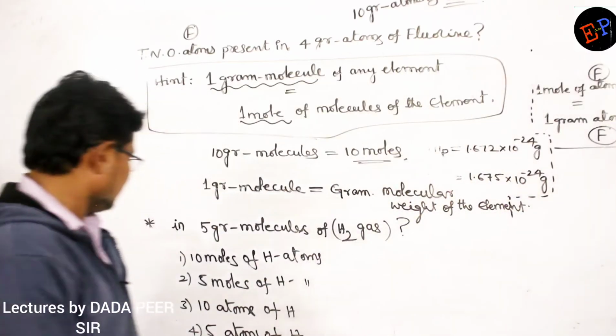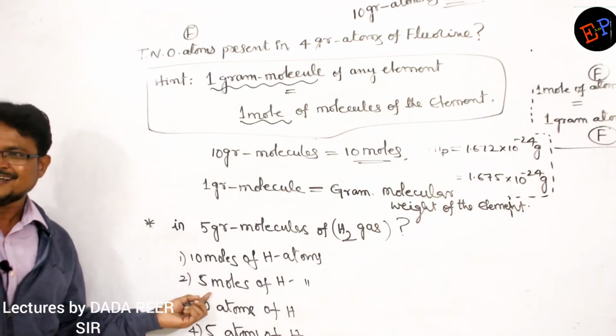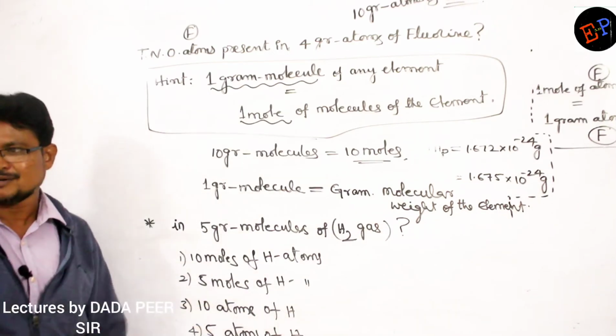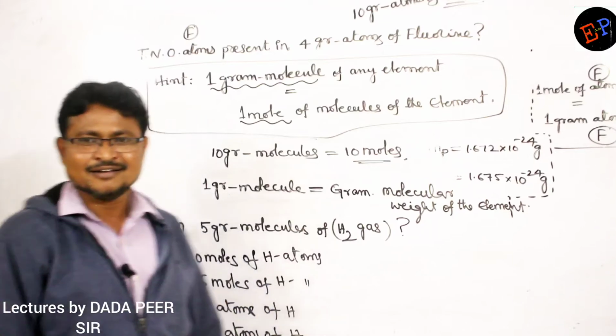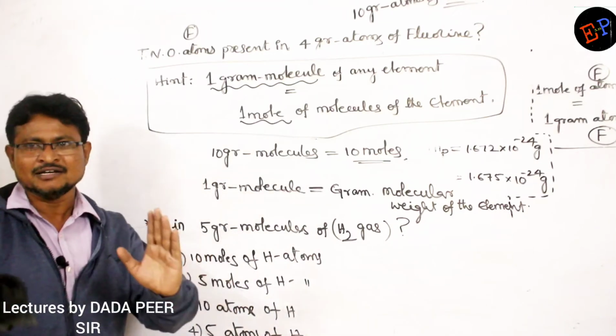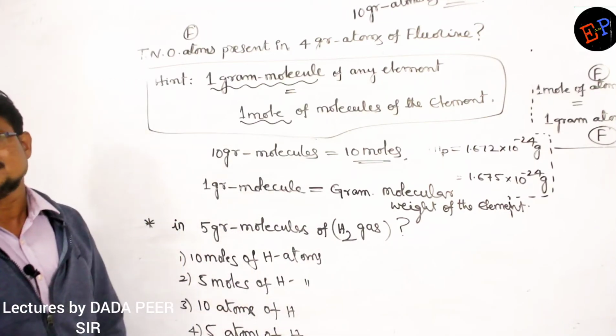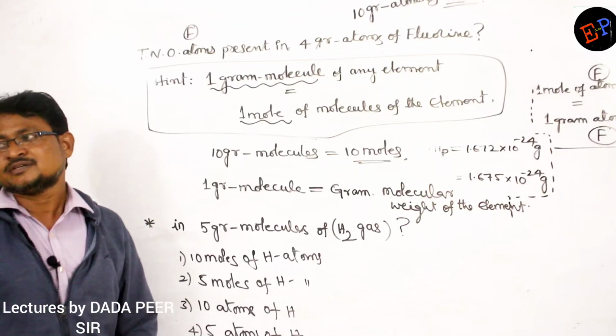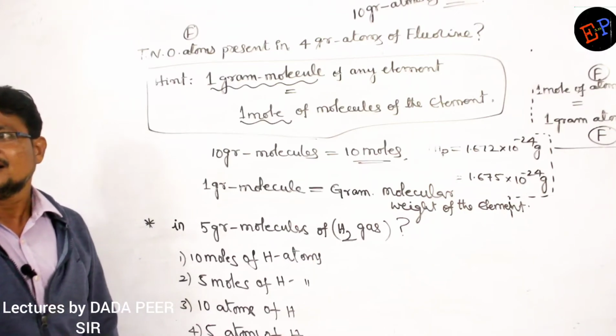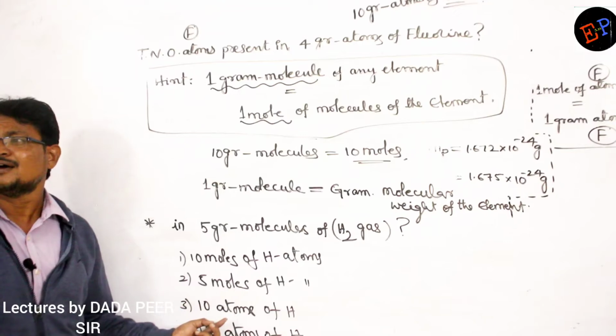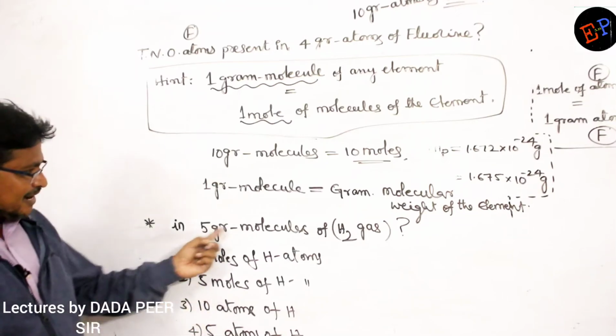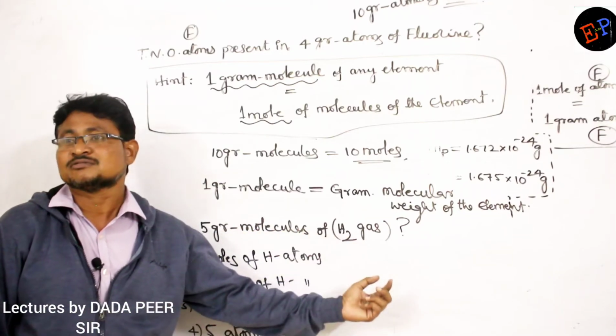It is not a multi-correct one, it's a single correct one. I told you, the fourth option, 5 gram molecules of hydrogen gas.